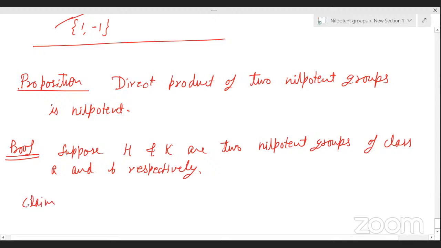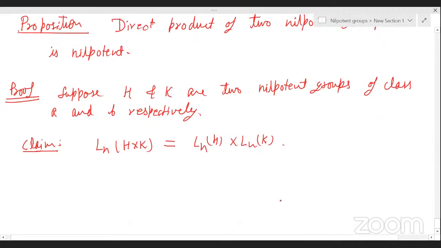To prove it, I have a claim that L_n of H cross K is equal to L_n of H cross L_n of K. If we prove this claim, then the things will be proved. Why? Because if n is greater than A, then L_n of H will become the trivial group.